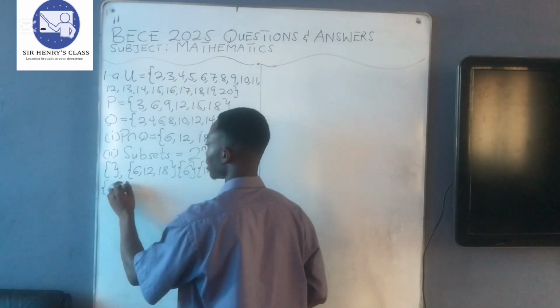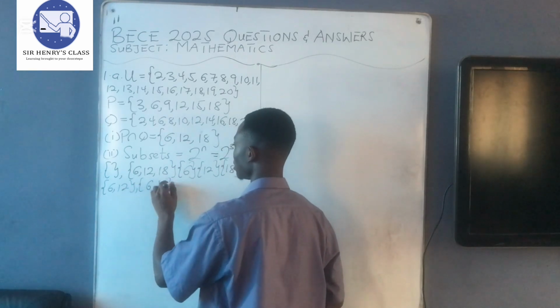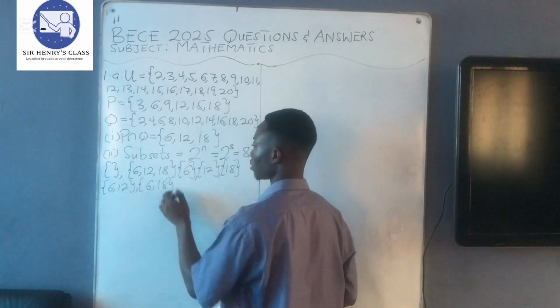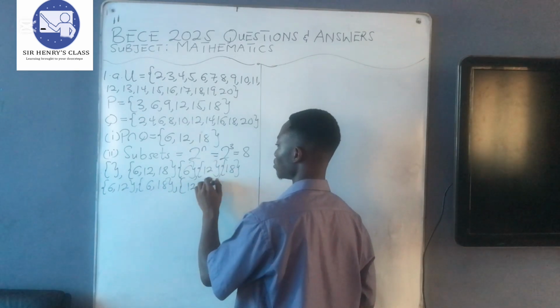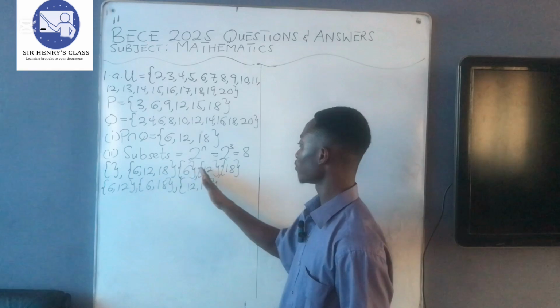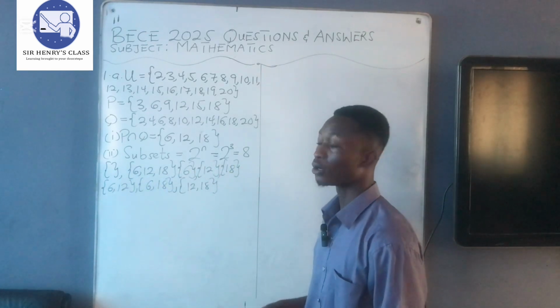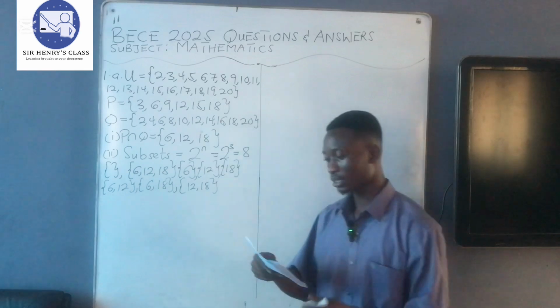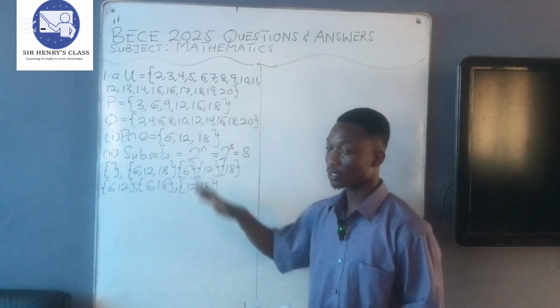We have 6 paired with 12, 6 paired with 18, then 12 paired with 18. So we have 1, 2, 3, 4, 5, 6, 7, 8. These are the subsets of P intersection Q. And that brings us to the end of the solution for number 1A.